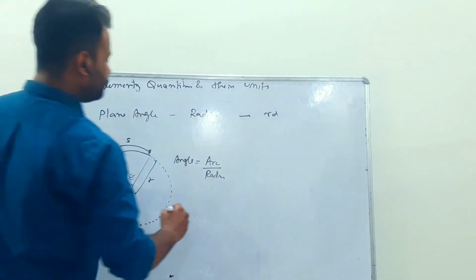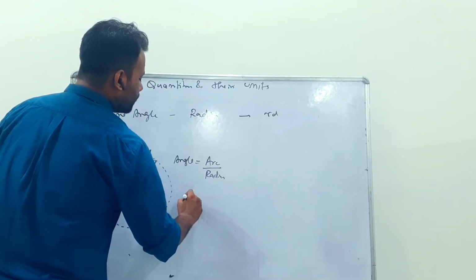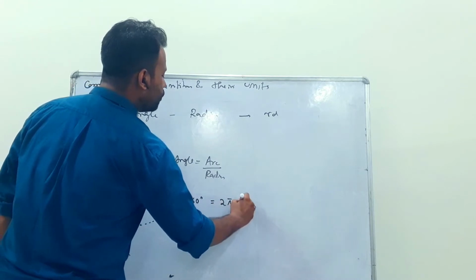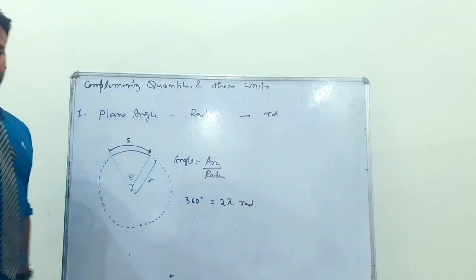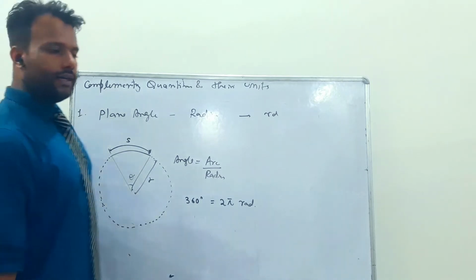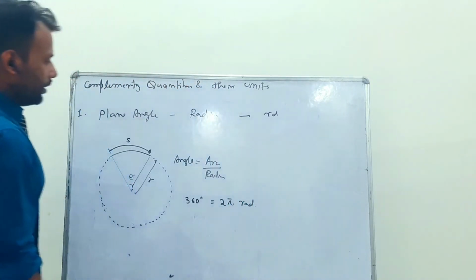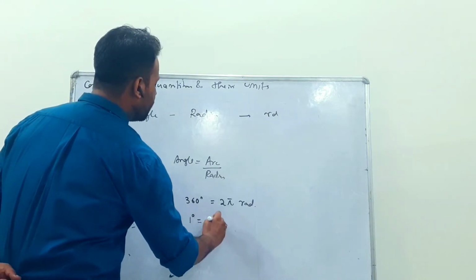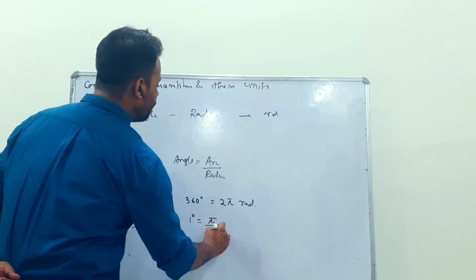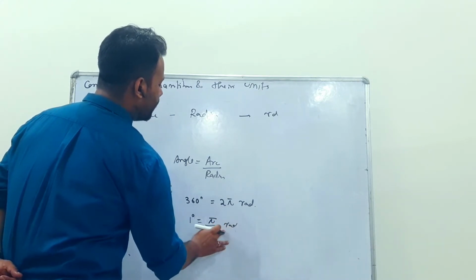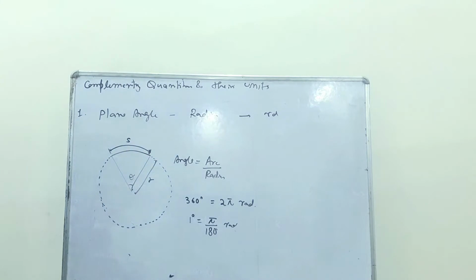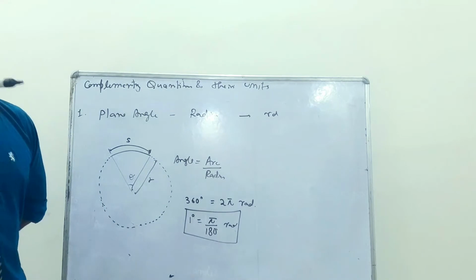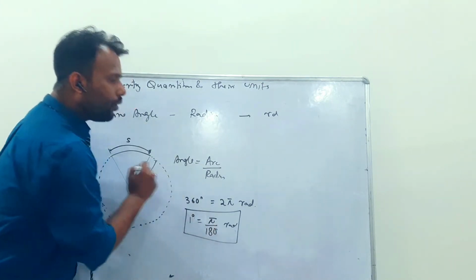Always remember, 360 degree makes 2 pi radian. You know the value of pi, it is 3.14. So obviously 1 degree will be pi upon 180 radian. So if we want to convert degree into radian, just multiply by pi upon 180.